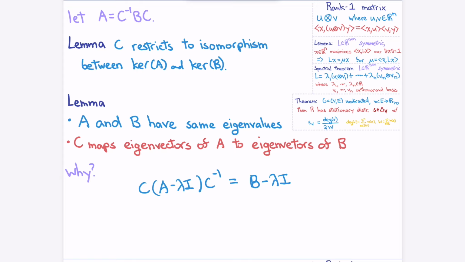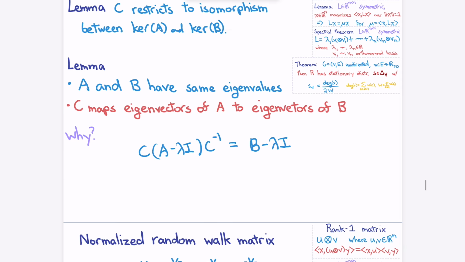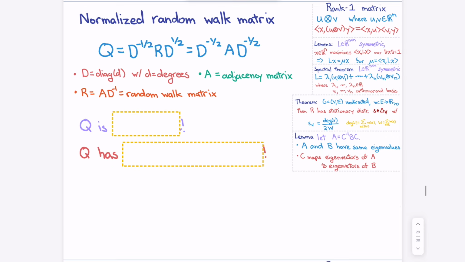Okay, and C will preserve them. Okay, so plug in lambda to be a real eigenvalue, and the kernel will be those eigenvectors for that eigenvalue, and C is mapping them to each other. Good.